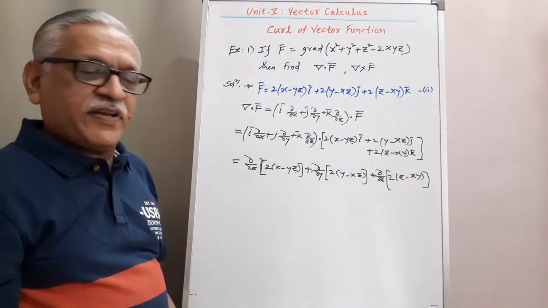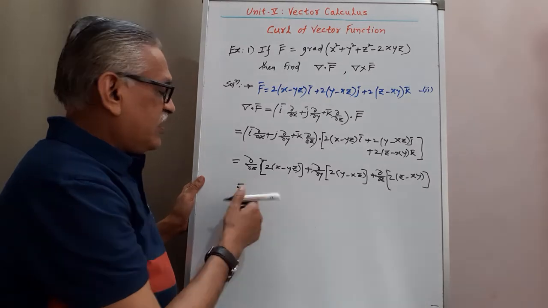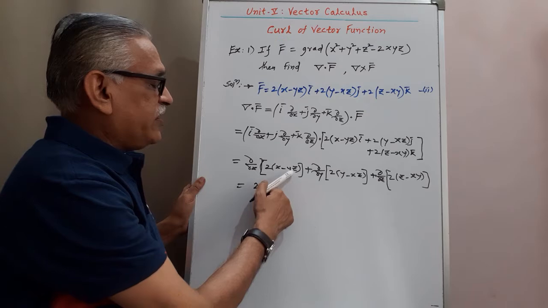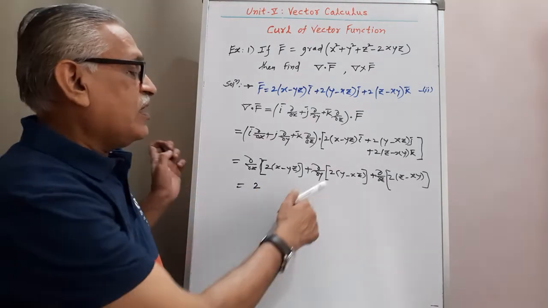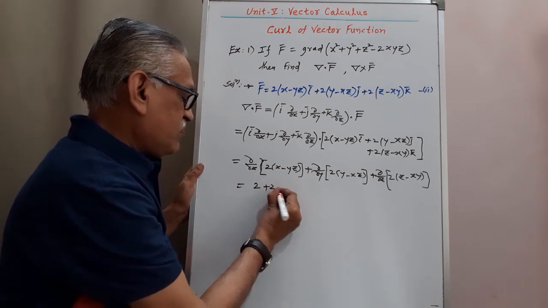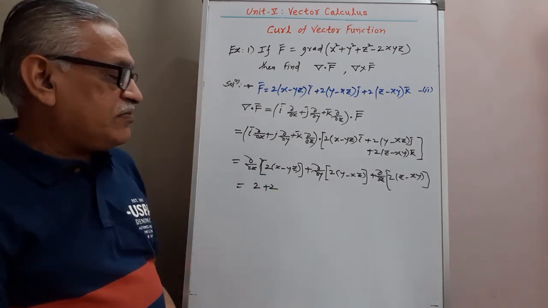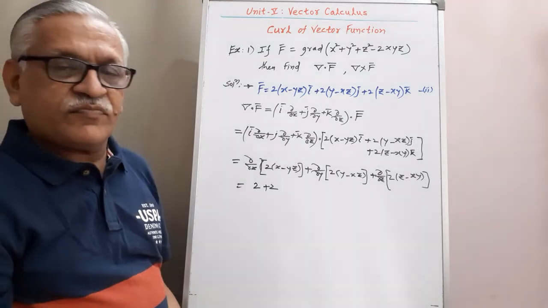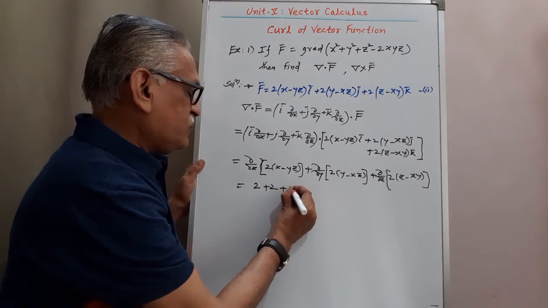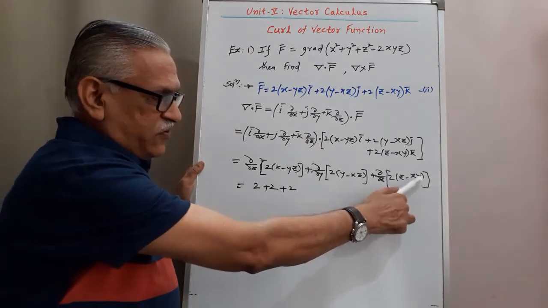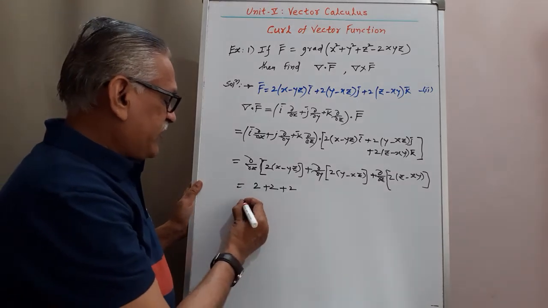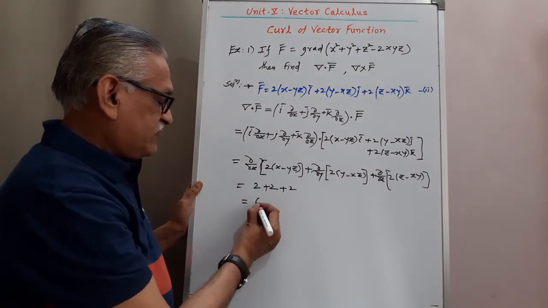And then obtaining all these partial derivatives, differentiation of this with respect to x is 2, derivative of yz is 0, differentiation of 2y with respect to y is again 2, and derivative of that xz is 0, differentiation of 2z with respect to z is 2, and derivative of xy with respect to z is 0, and therefore this 2 plus 2 plus 2, we get that value as 6.